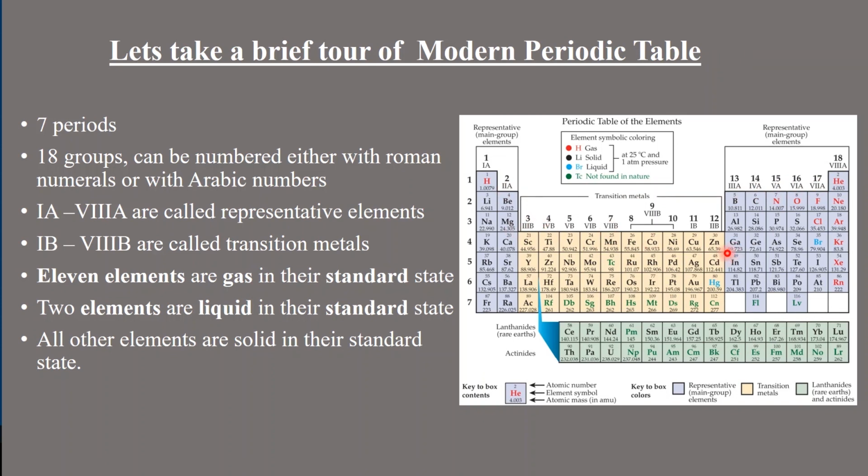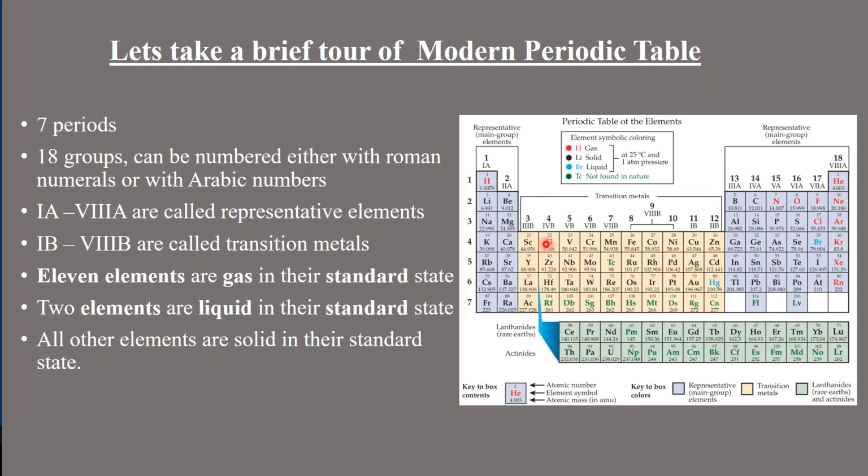Large blocks of colors in the table indicate that the periodic table separates elements into 3 broad classes. The violet groups, we have 2 columns here for violet and 6 columns here, so altogether 8.